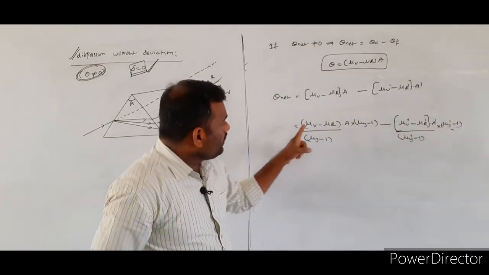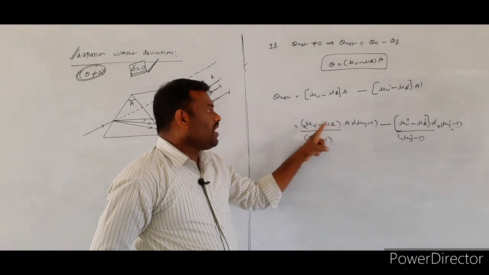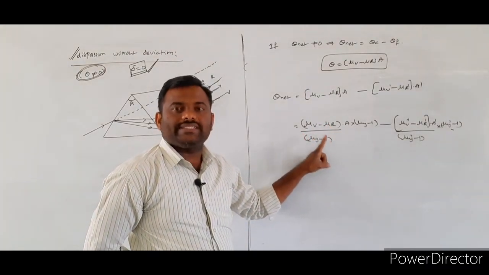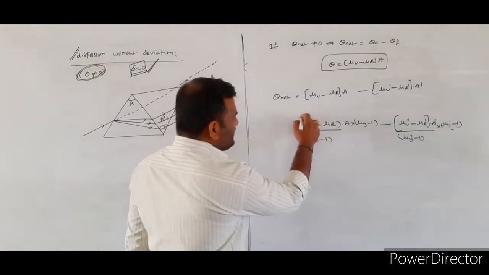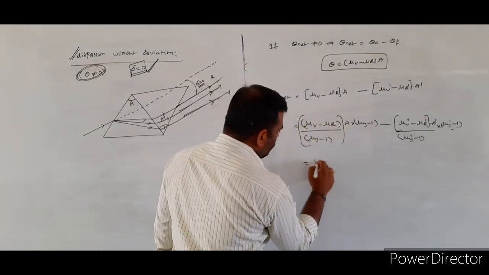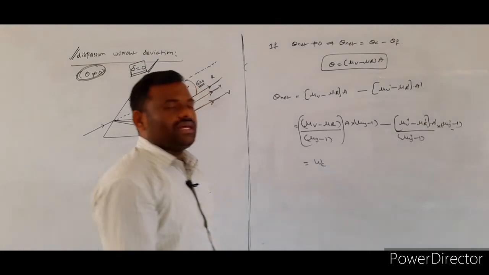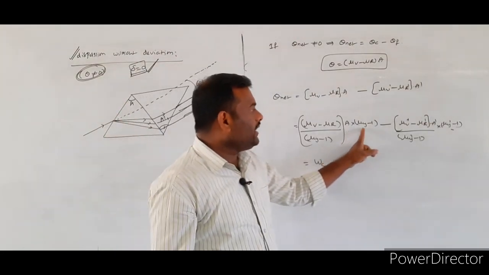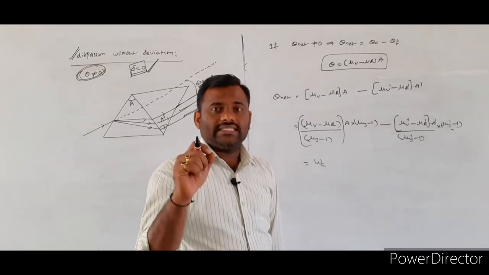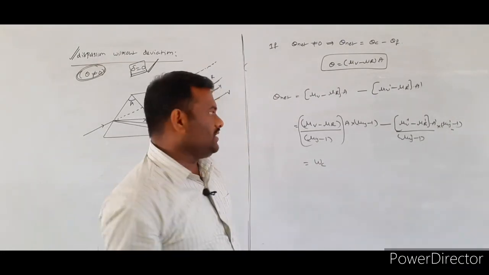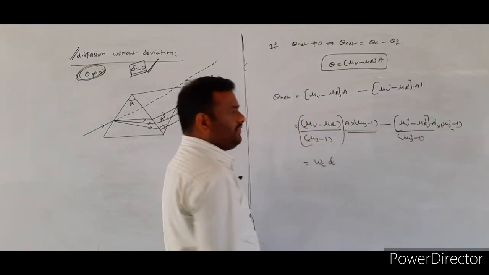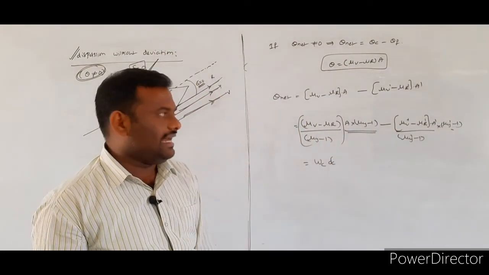But mu v minus mu r by mu y minus 1 is the formula of dispersive power, so this value is equivalent to the dispersive power of the crown glass. And A into mu y minus 1 is the general formula for the angle of deviation, so this value gives the angle of deviation suffered by the crown glass.